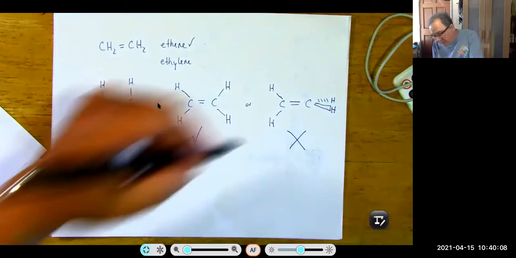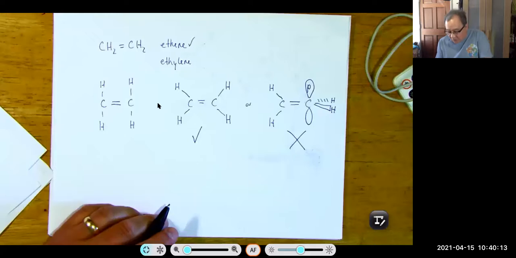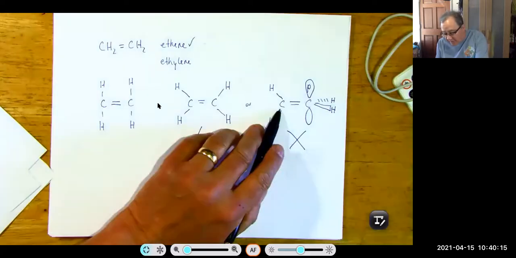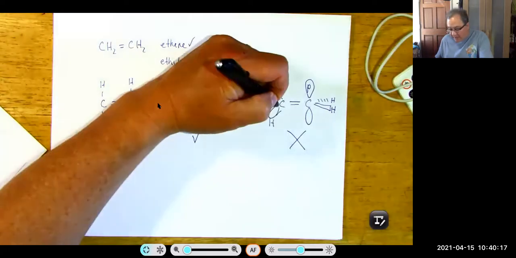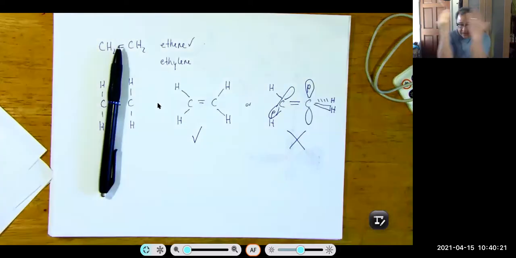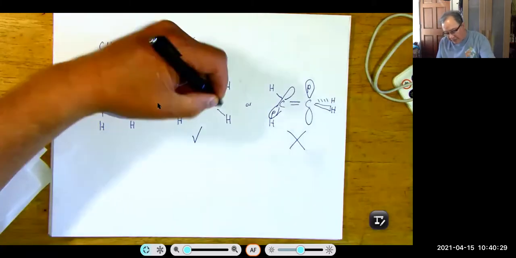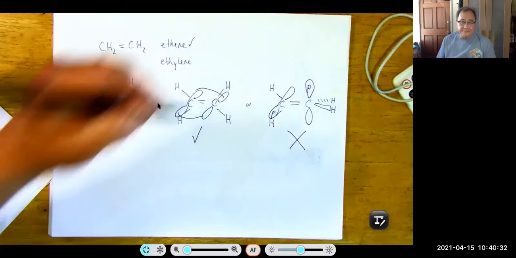Here, this has a p orbital that's like that, right? Where's the p orbital on this guy? Well, it's going in and out of the plane of the board. Are these p orbitals in any position to actually go side by side and overlap? They're not. But this has a p orbital here, and this has a p orbital here. Can they do the side by side overlap?